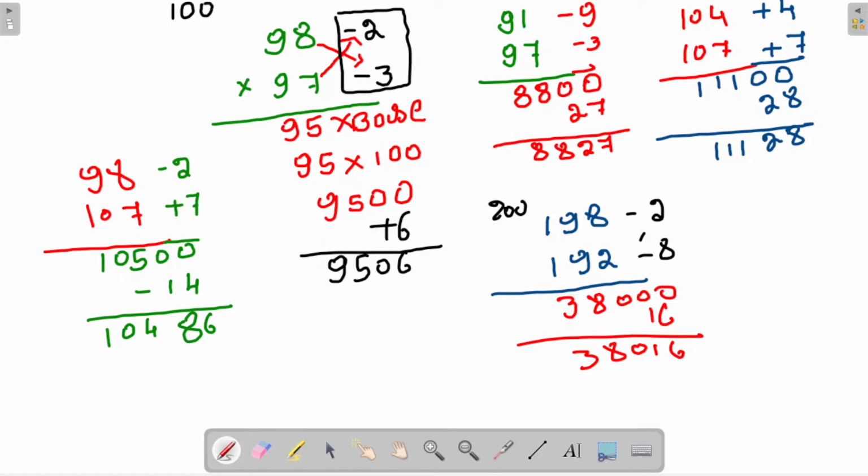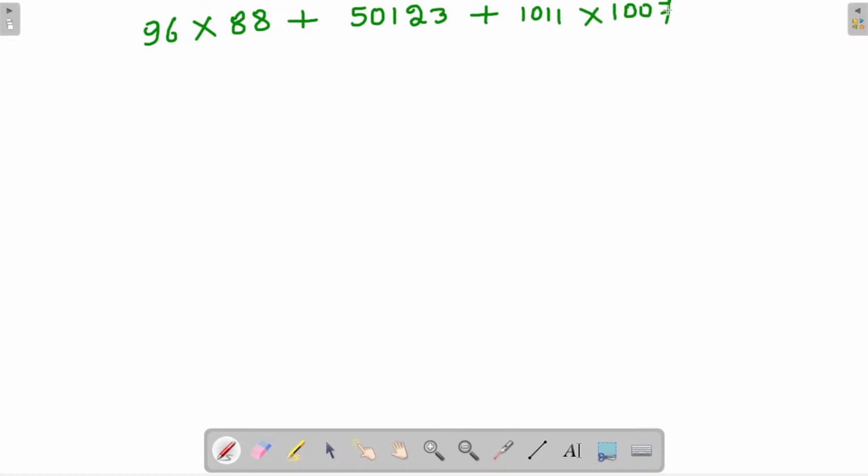So I will give one question. Try to solve. This is one of the exam questions, an RRB question. The question is 96 into 88 plus 50123 plus 1011 into 1007 equal to.